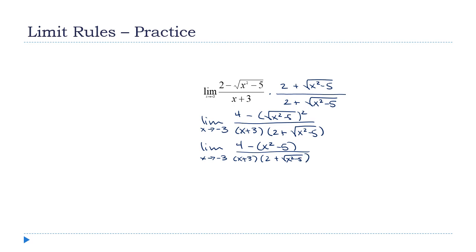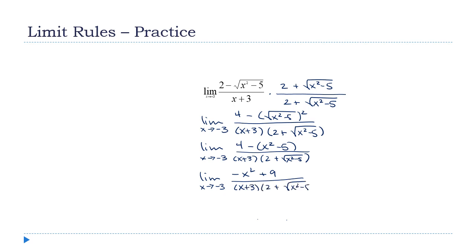Okay, so let's see, I'm still writing the limit as x approaches -3. Let's distribute that minus. This becomes minus x squared plus 9, plus 5, and 4 plus 5 is 9. That denominator is not going to go anywhere for a little bit, at least one more line.